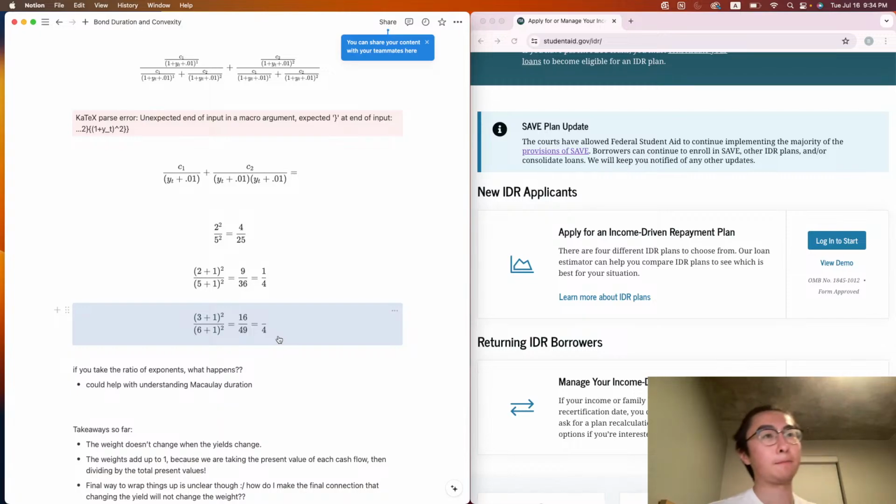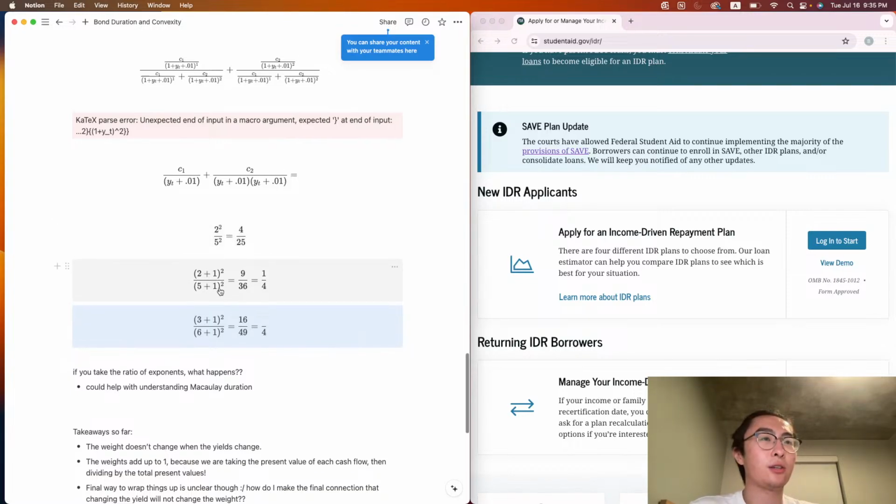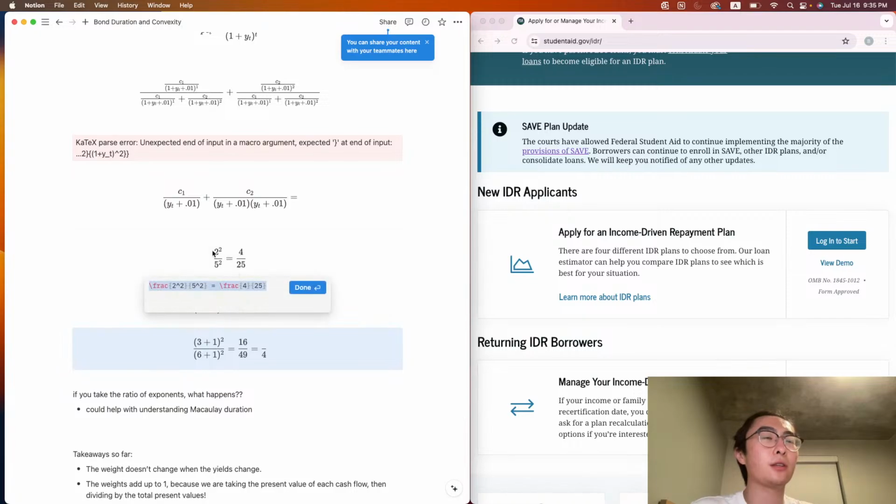Okay. So with that out of the way, I wanted to just show that this isn't equal to this. But this isn't really the same idea, right?